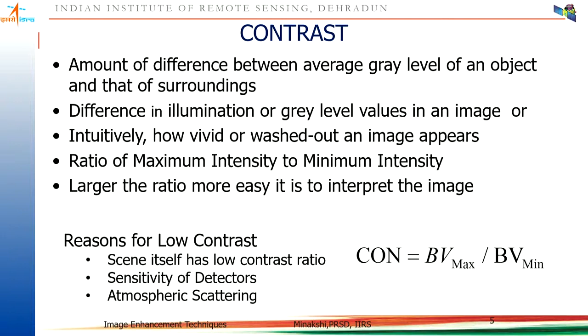So that means 0 to 255 if I talk about 8-bit, otherwise the minimum quantization and the maximum quantization. These are optimum conditions, and in a particular area it's not possible that you have objects which either do not reflect any energy or which reflect total energy. So it's not using the entire range of the quantization level. That is what I mean by the scene itself having low contrast ratio, that the objects are reflecting similarly.